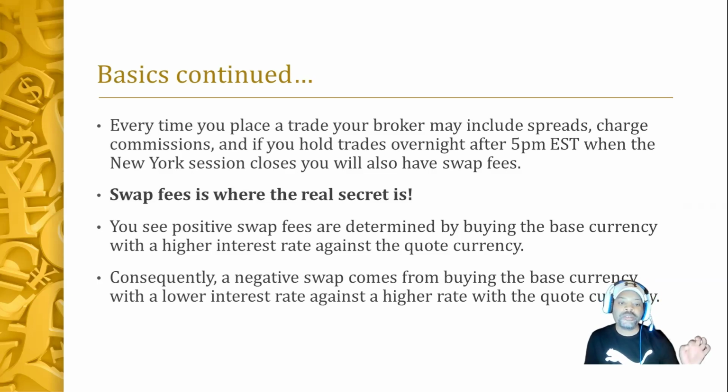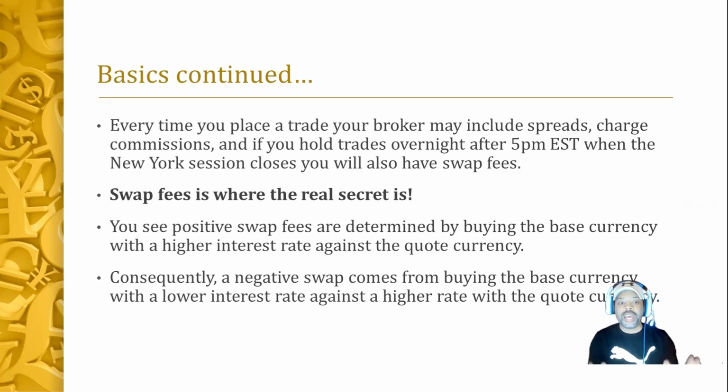So you see, positive swap fees are determined by buying the base currency with a higher interest rate against the quote currency, and consequently, a negative swap comes from buying the base currency with a lower interest rate against a higher rate with the quote currency.